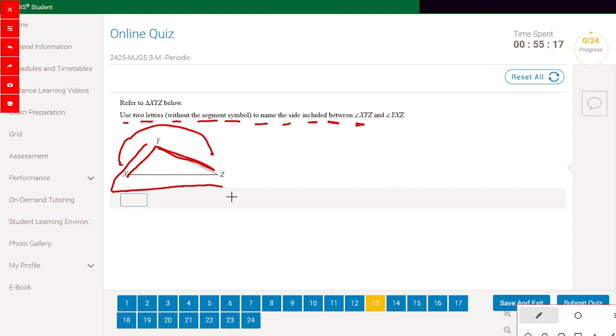So which line is included between these two angles? It will be XY. So XY or YX.